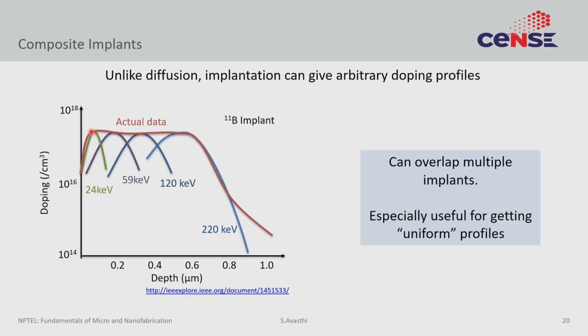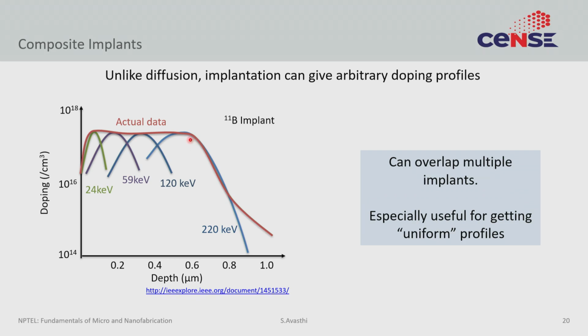You will get a shallow green profile. Just after that, without heating the wafer, you do a second implantation at a slightly higher energy, and then at even higher energy, and then at even higher energy. What you will finally see is this red curve, which is just a sum of all these individual component implantations. After this, you do the anneal step for dopant activation.